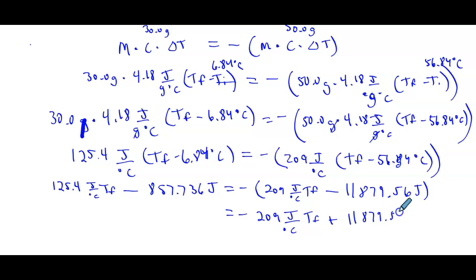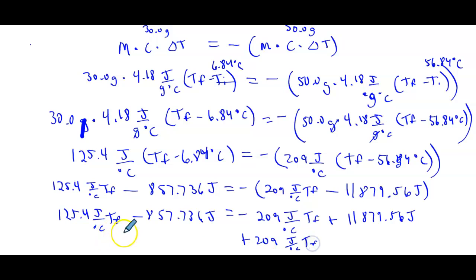Now all I'm doing right now is distributing my negative symbol. This side, it would remain as it was. Now I'm going to combine like terms on each side of the equal sign. So I'm going to put my TFs over here. To do that, I'm going to add 209 joules per degree Celsius TF to both sides.